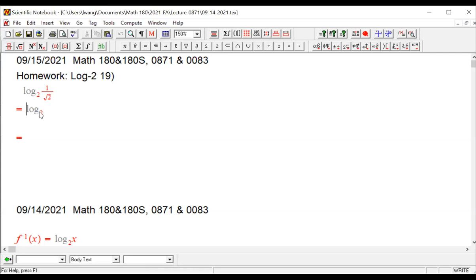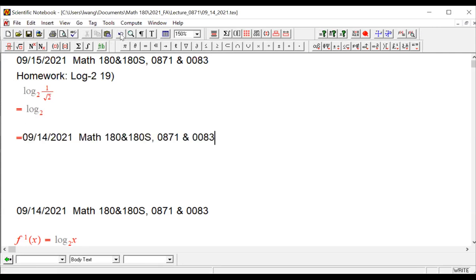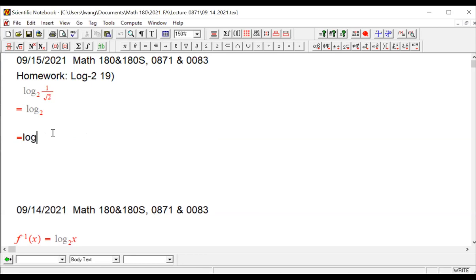You want to convert this whole thing to log base 2, if you can. Sometimes you can. The fact is you always can. You just have to be patient with yourself. You want to get it to 2 to the power of something.